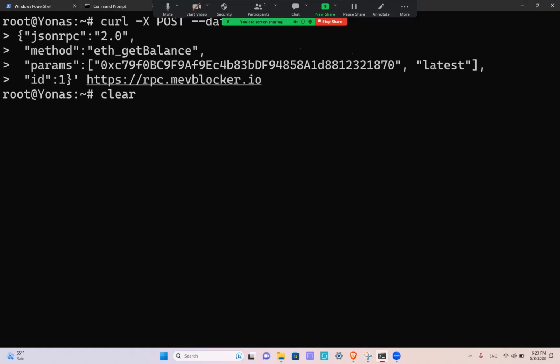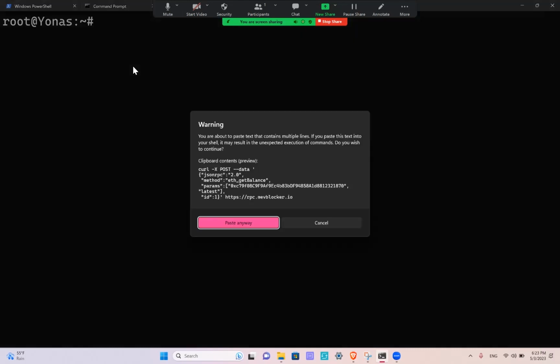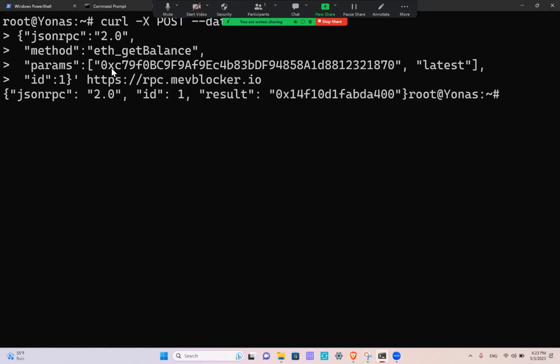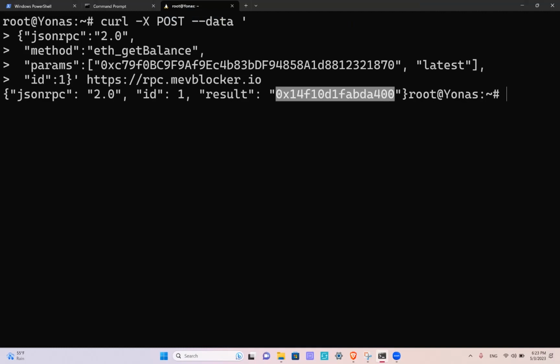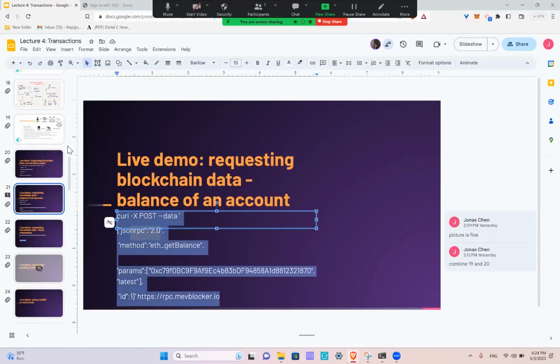Can we all see this? So if I do it again, this address has this much ether balance. So a lot of what's going on behind blockchain apps, or if you build a blockchain app yourself, is this kind of sending a message to the network and requesting data, or sending transactions to the network.